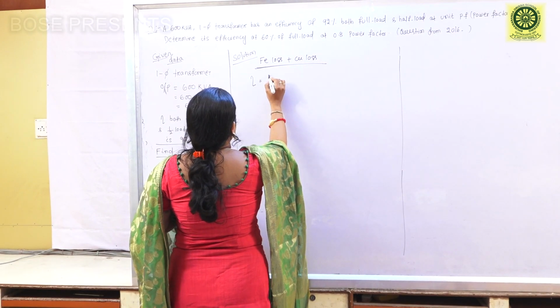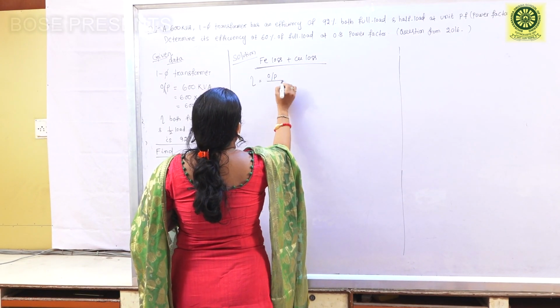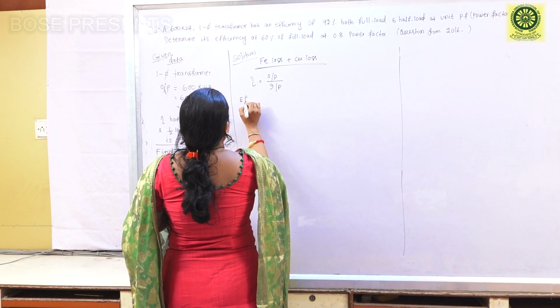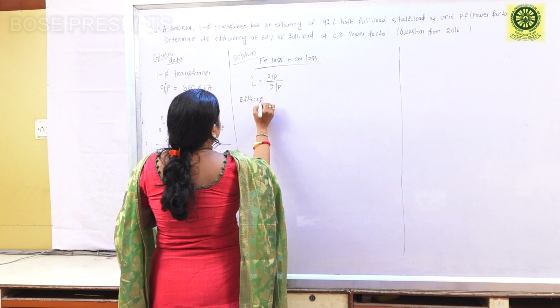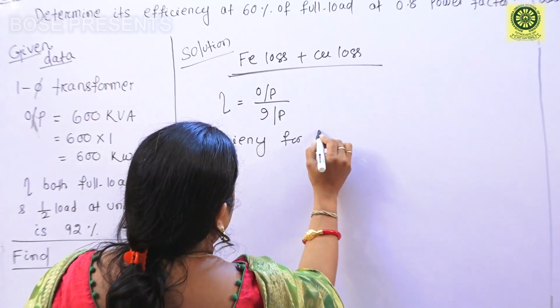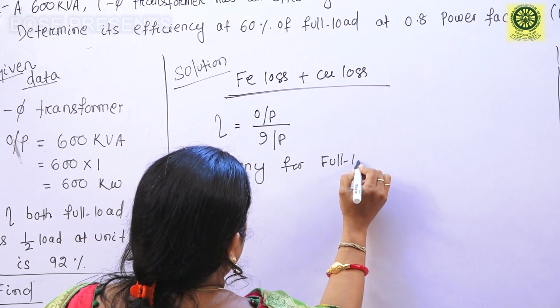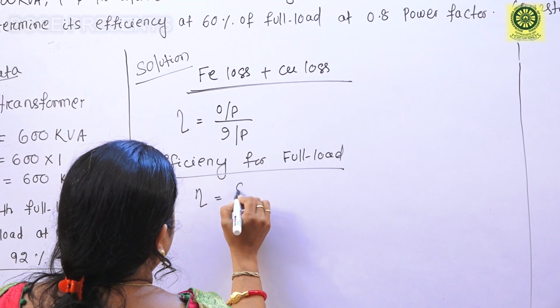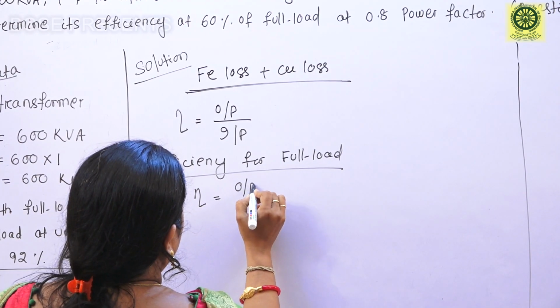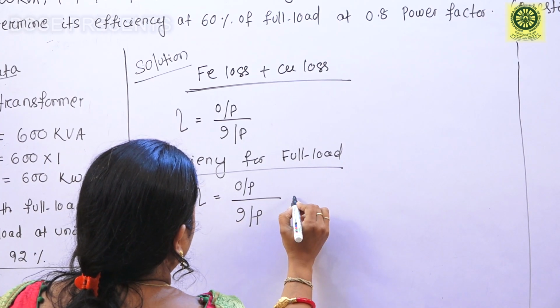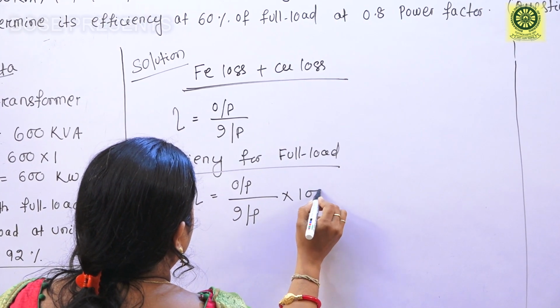So efficiency, we know, is output by input. So efficiency for full load is equal to output power for full load divided by input power for full load into 100.